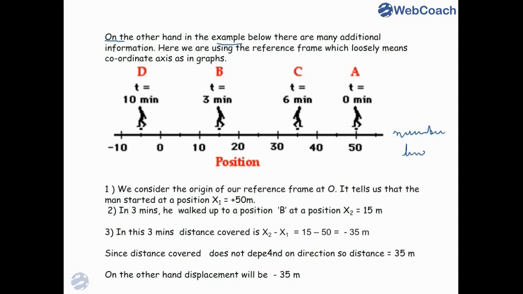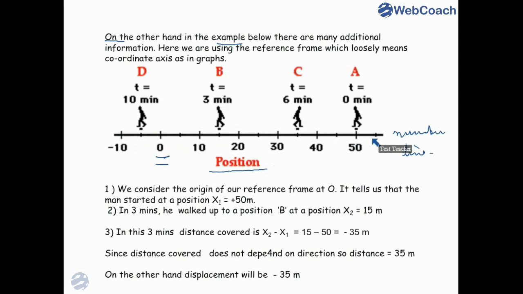You can see that there is a zero somewhere and the person is moving along a number line. We are not giving the distance traveled directly. We are just stating the position of the person at different intervals of time.